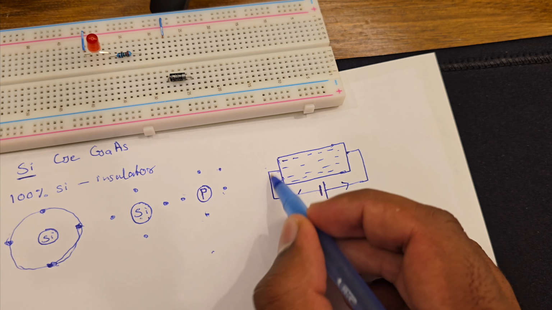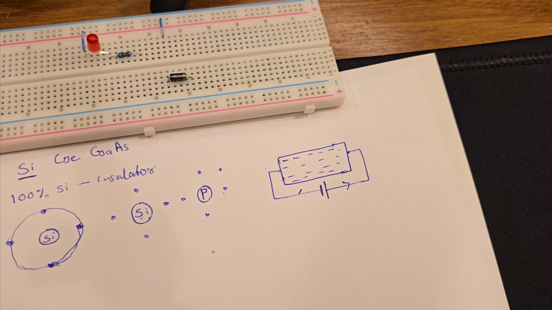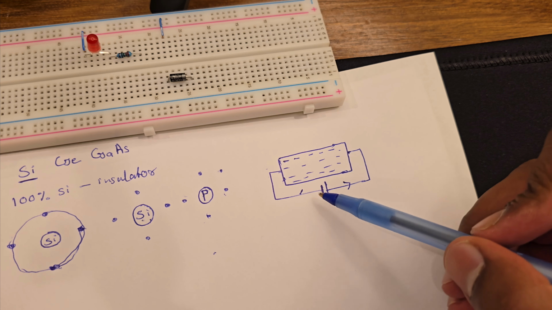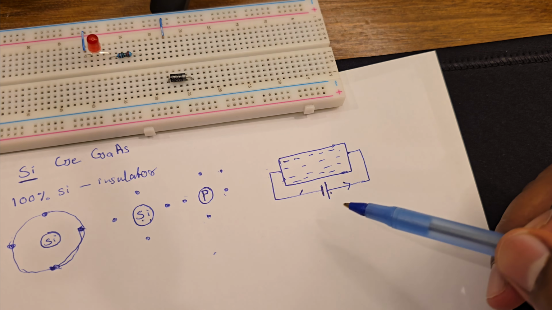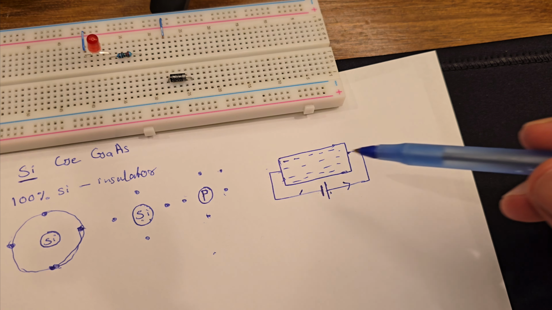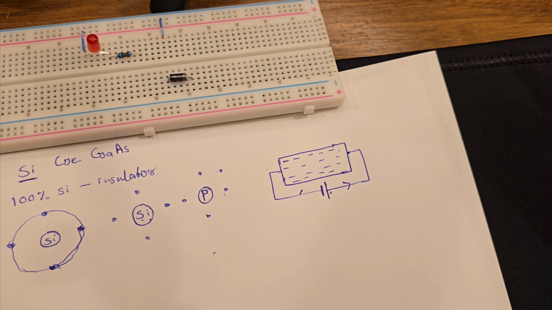So the current flows this way. It's just a convention that current always flows opposite to the flow of electrons. It's just a concept. It is not true. When we talk about current, this is a huge lie. The current flows from the positive terminal to the negative terminal, but in reality, the current is flowing from the negative terminal to the positive terminal, because that's how the electrons flow.